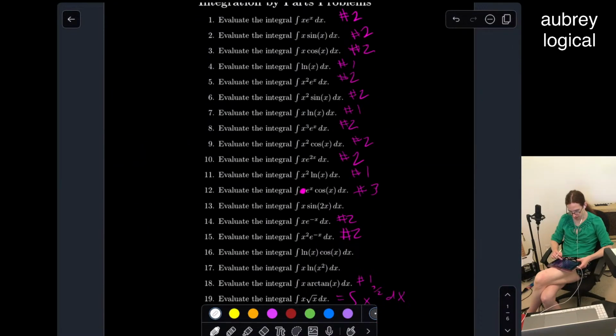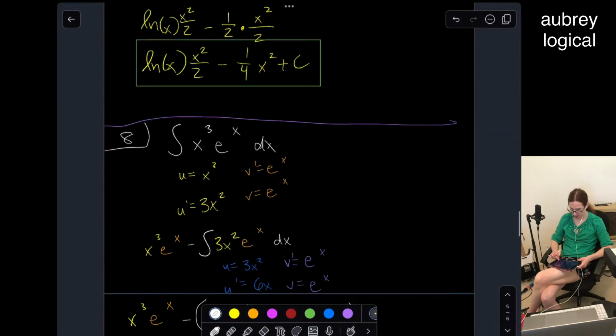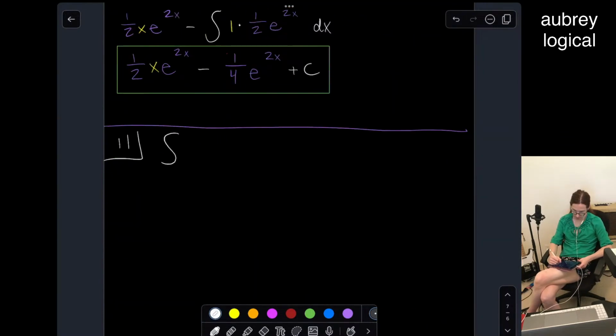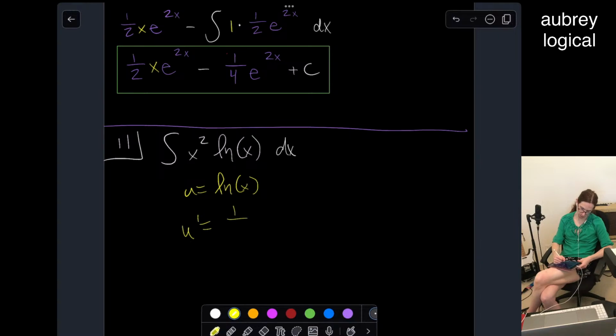Okay. X squared times ln of x dx. For this one, we're going to want to make our u this function because it's going to simplify. When we take the derivative, it's going to become 1 over x. So then v prime is x squared, and v is... okay.